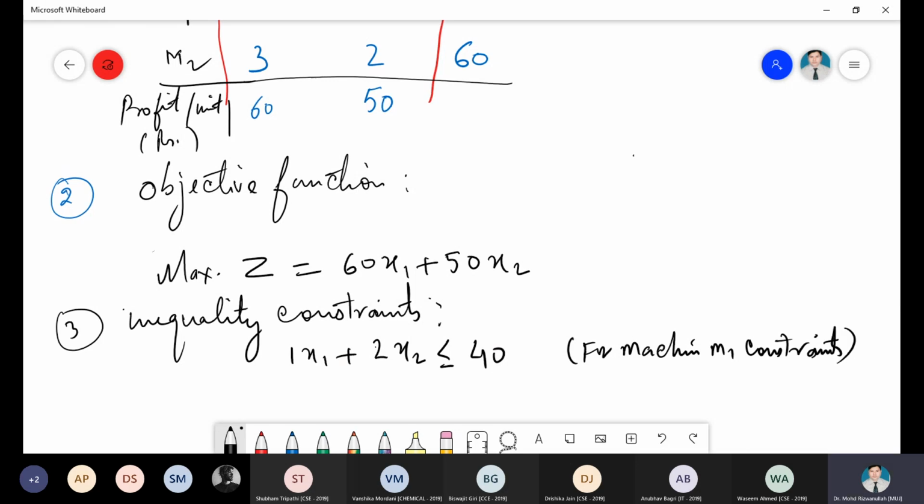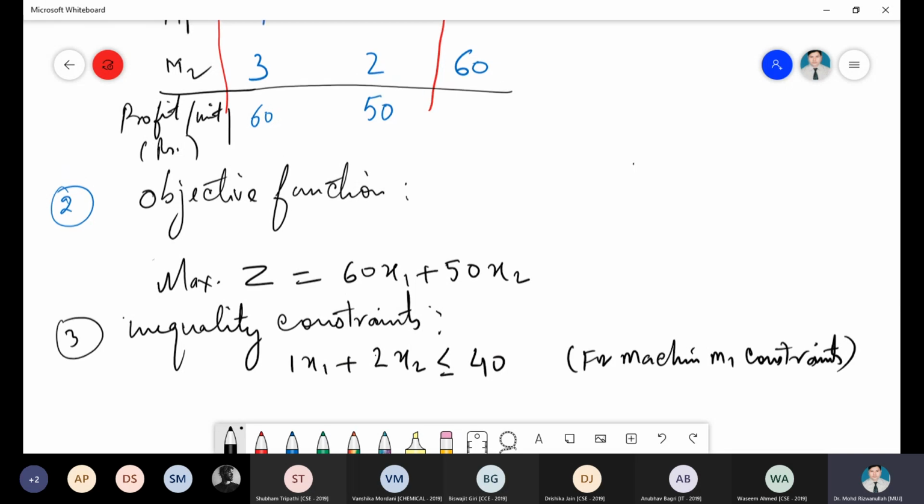So machine M1 constraint means we have to produce x1 and x2: 1 hour per unit on x1, 2 hours per unit on x2, and the limitation is that you cannot use more than 40 hours in a week. So this is the limitation.